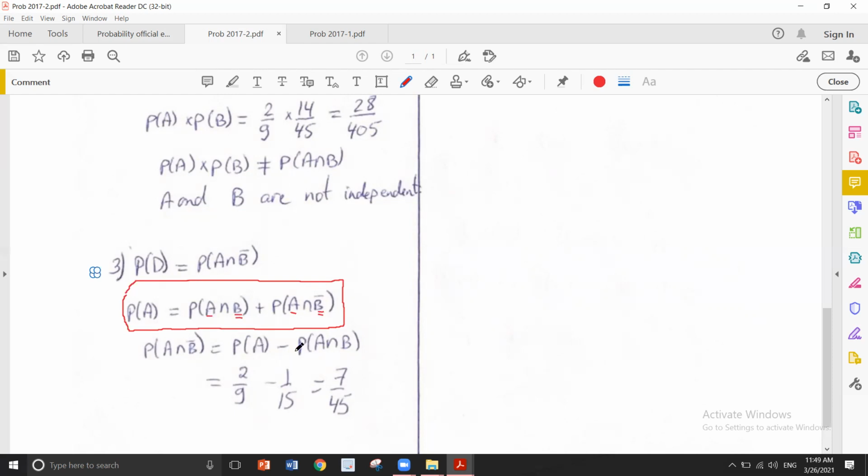So probability of A intersection B bar equals probability of A minus probability of A intersection B. Probability of A is 2/9 minus 1/15. We get 7/45. It is done? Yes.